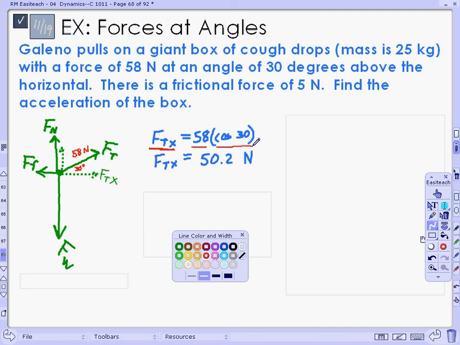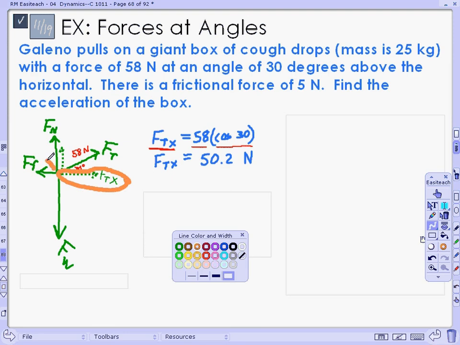Because if you think about it, is it the full 58 newtons that is accelerating this thing? No, it's not the full 58 newtons that's accelerating this. It's only the horizontal component that's accelerating it. So this is a big part of what I'm trying to teach you right now. It's only this force that pulls it to the right.